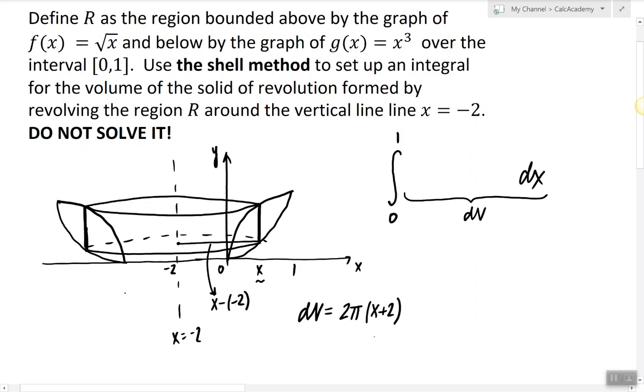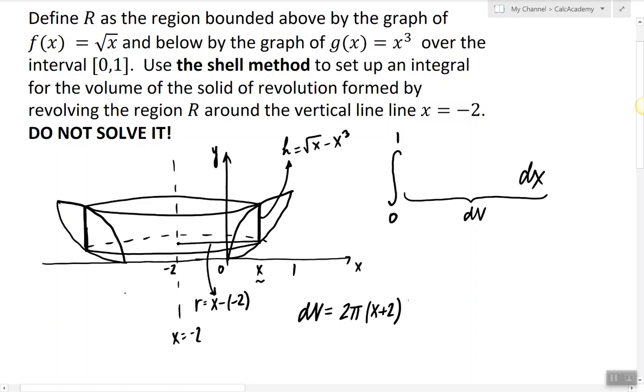And now we have to multiply it by the height of the shell, and the height of the shell is the distance between the two functions. So the height will be the square root of x minus x cubed.